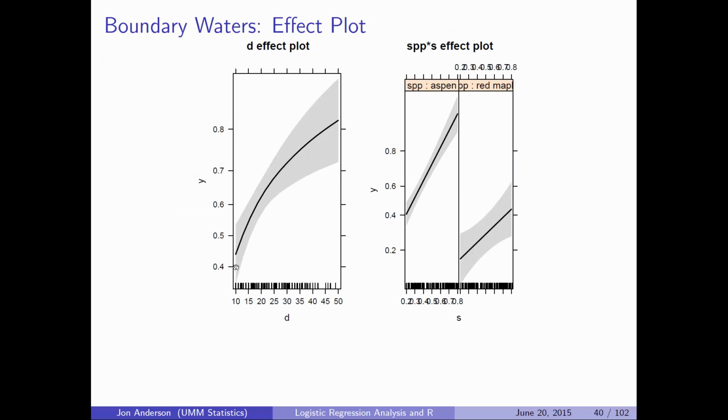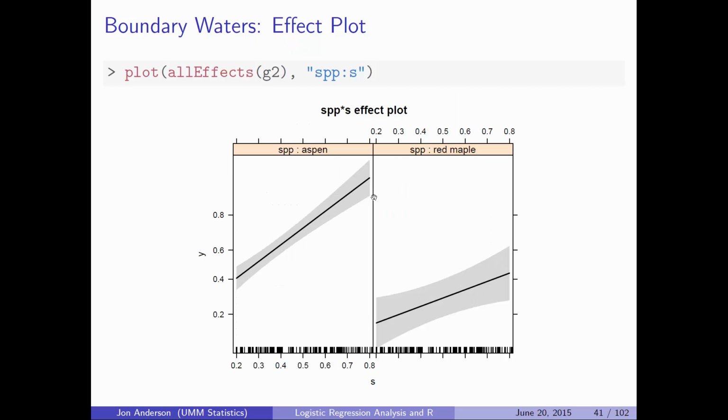So there's interaction. Here is an effect plot that shows you what's going on. As diameter goes up, the risk of death goes up, with a little bit of a curved pattern. Here is a panel for aspens and a panel for red maples, plotted against severity and death risk.